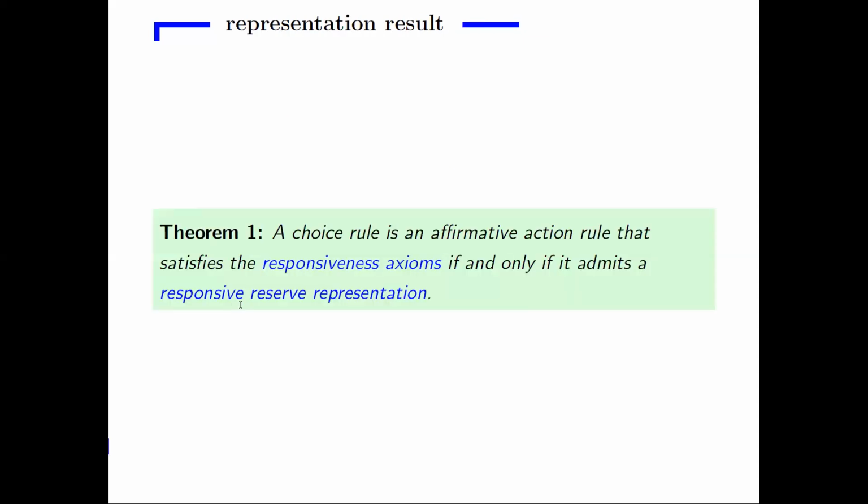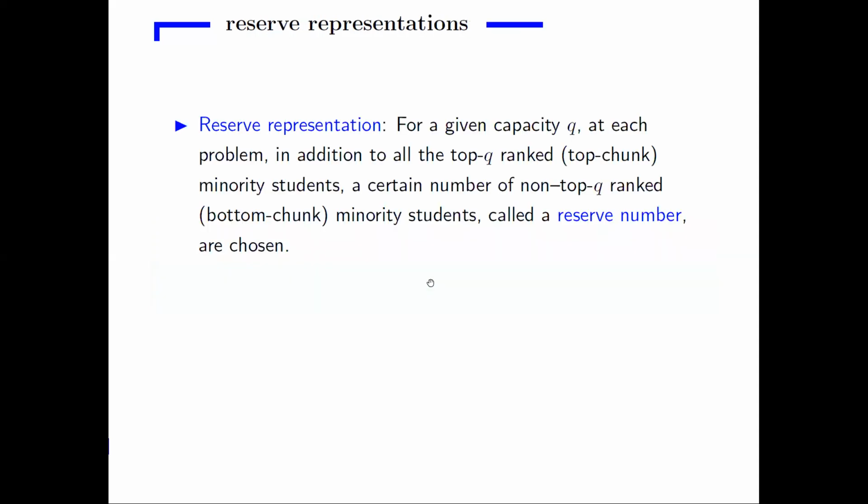That is why we put these responsiveness axioms, and now is the time to discover the implication of these responsiveness axioms on this general representation, as well as the other basic axioms, not only responsiveness. We don't even have substitutability in here. Such a reserve representation can potentially violate substitutability as well, in a very simple way. So it is quite unstructured.